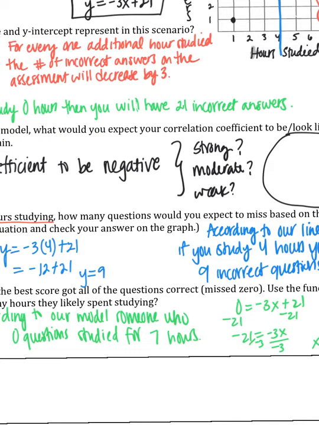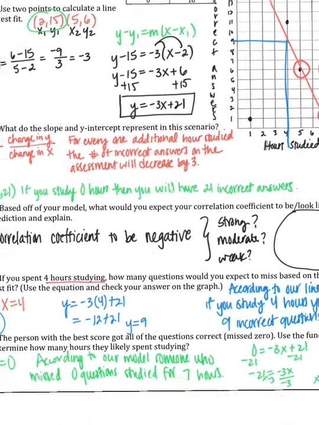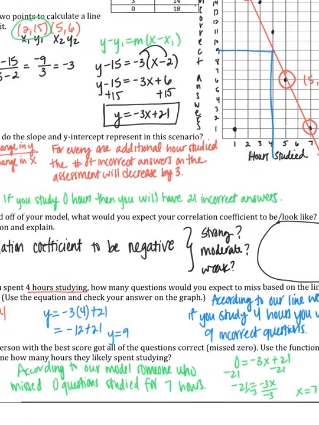And our graph can actually verify that for us. So we can look over here and say, if I missed 0 questions, how many hours did I study? Right here, we're at approximately 7. And of course, there's a little bit of human error with drawing a line straight on an iPad with a ruler, all of that. That's why you want to make sure you use your equation too, so that you get all of your credit, you show all of your work.